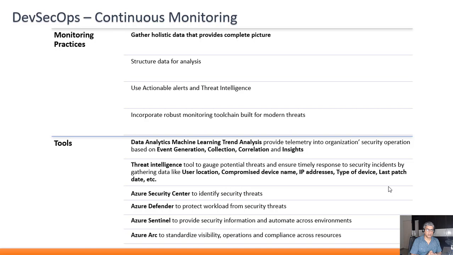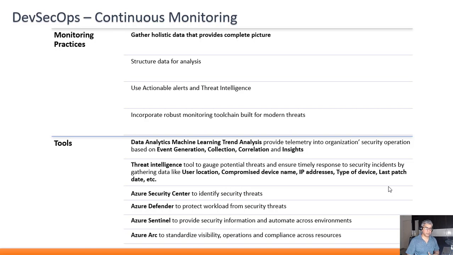And we need to incorporate a robust monitoring toolchain. There are a lot of tools. You can use machine learning trend analysis, which will give you a report on different kinds of events happening, the vulnerability events, the security breaches. It's going to give you insights on that.